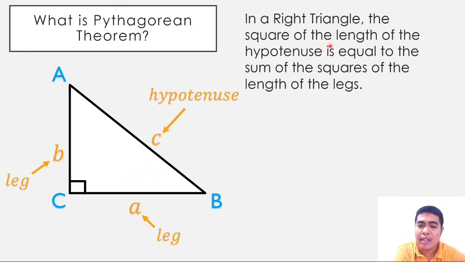The theorem says that the square of the length of the hypotenuse is equal to the sum of the squares of the lengths of the legs. This theorem is written as c squared is equal to a squared plus b squared.